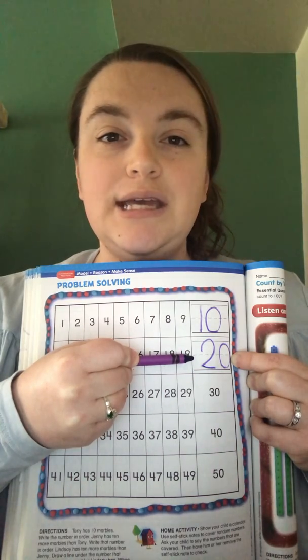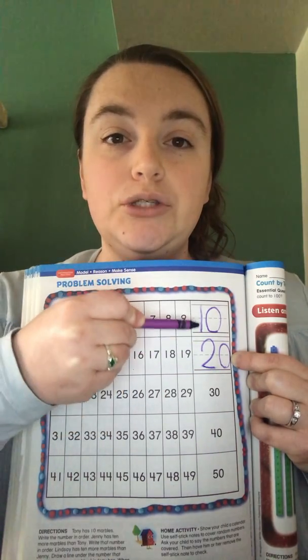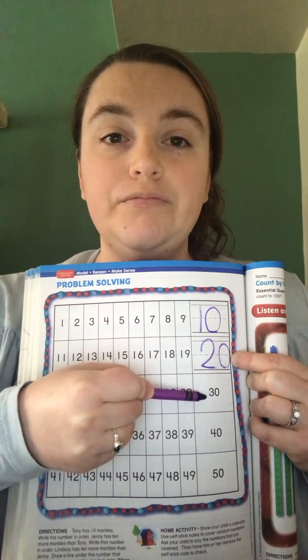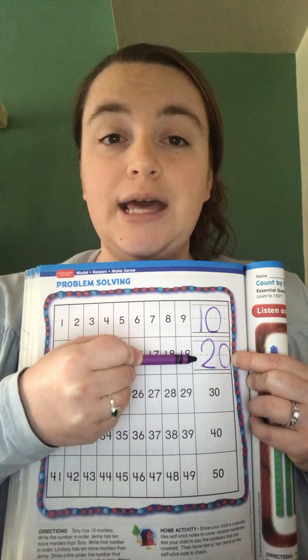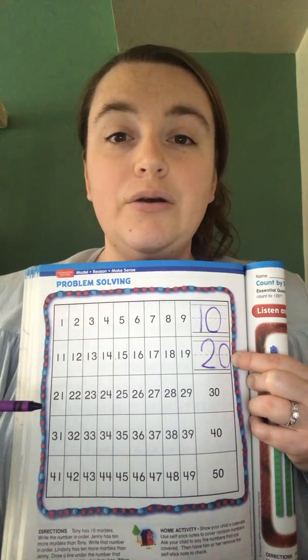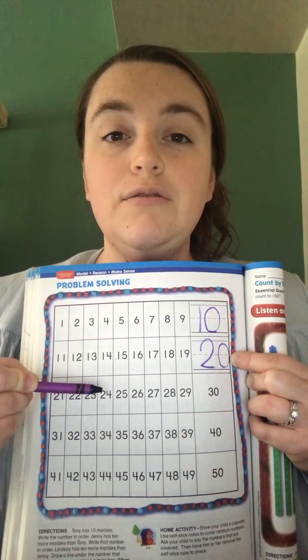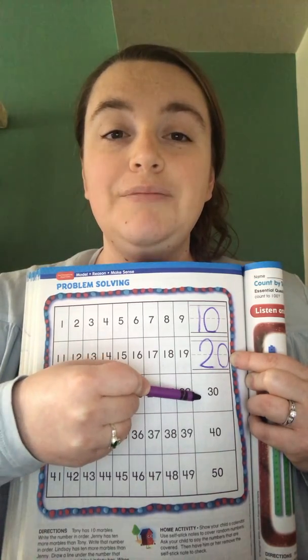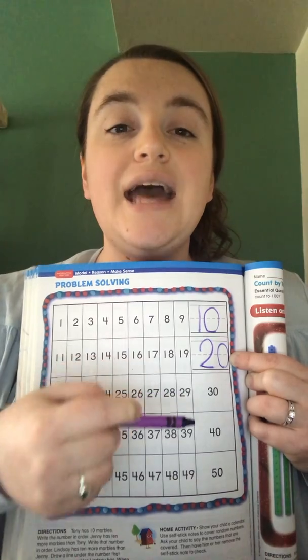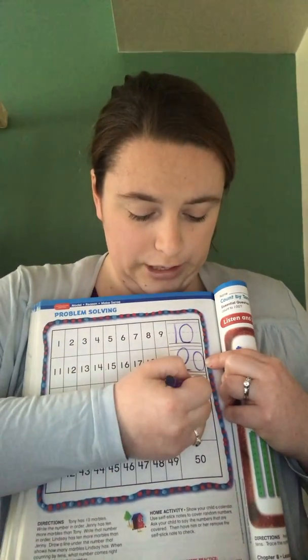So how many does Lindsay have? You can look straight down your column, takes us to 30, or you can count 10 from 20. 1, 2, 3, 4, 5, 6, 7, 8, 9. So Lindsay has 30 marbles. Let's put a line underneath.